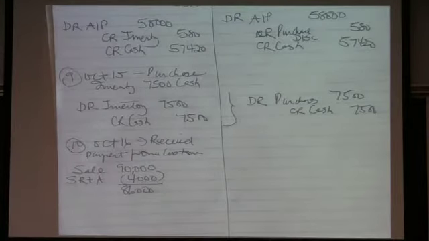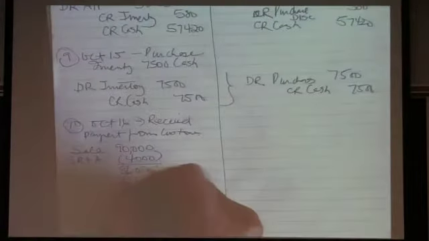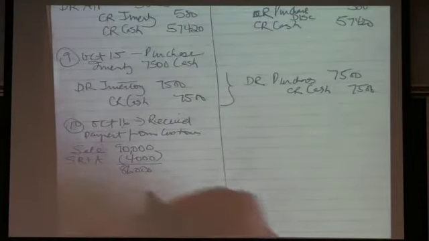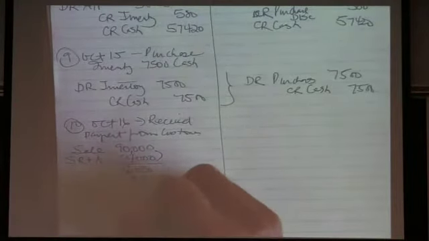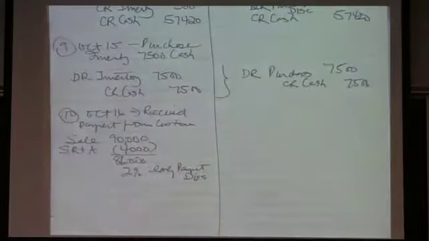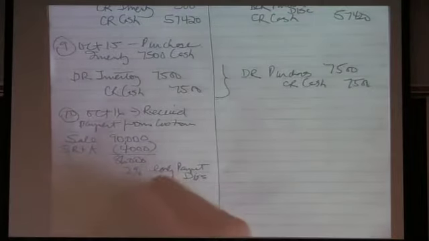We sold it on October the 8th, and they had 10 days. And of course, this is within 10 days, so they qualify for a discount. And the discount that we were offering them is 2%. Early payment discount, right? Or cash discount. And that 2% is $1,720.